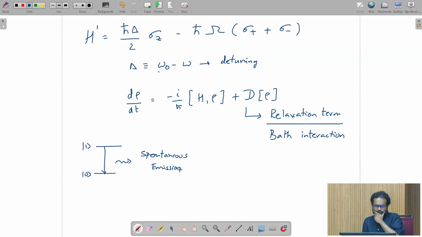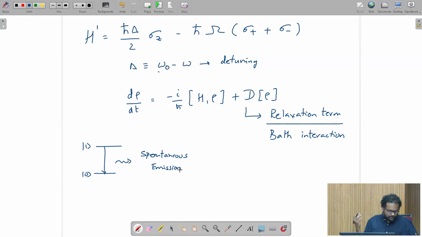Now if we think of spontaneous emission, as I already kind of mentioned to you, in this case, system is of course our quantum system, and the bath is the vacuum, photon vacuum into which it can couple to, right, with all its degree of freedom.